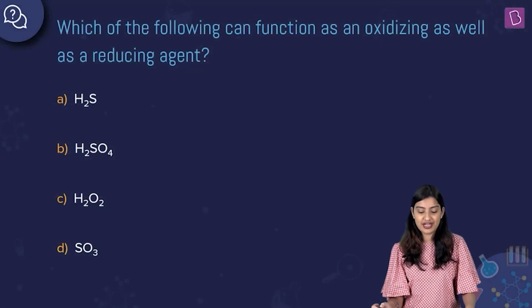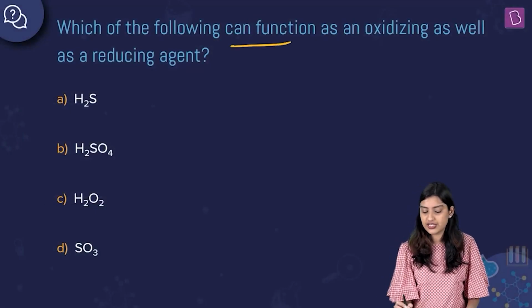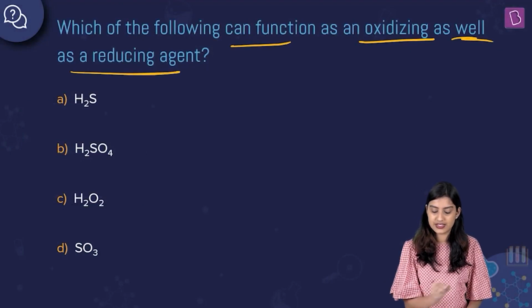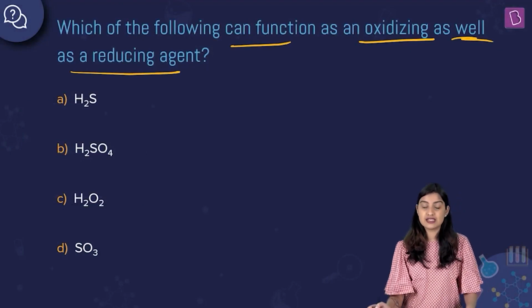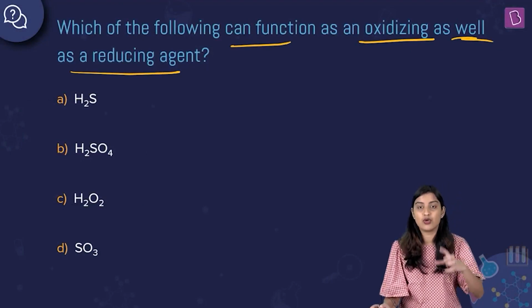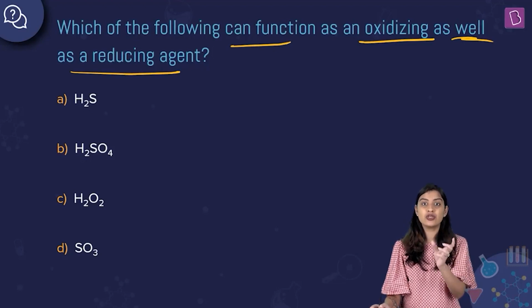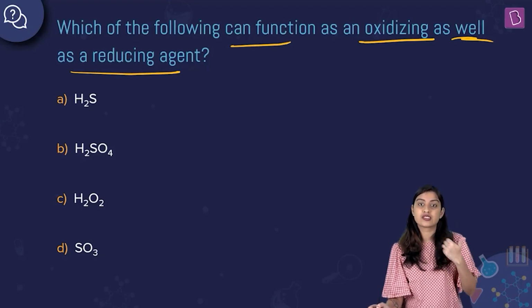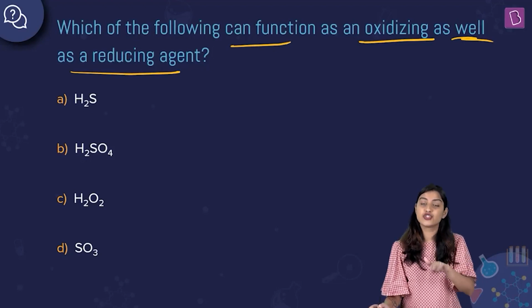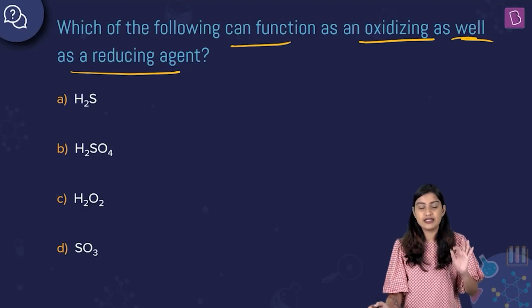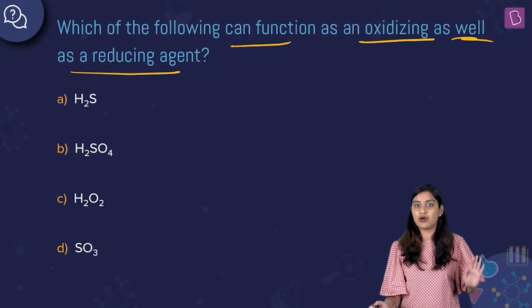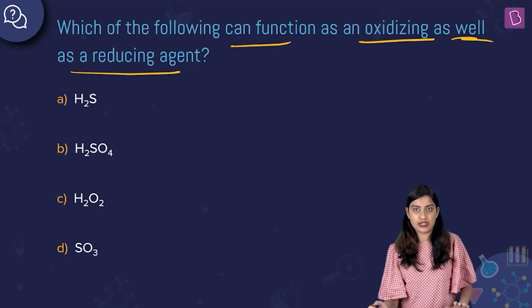Here they're asking you to find out which of the following can function as an oxidizing as well as a reducing agent. So whatever molecule you take has to be able to oxidize something, and it should also be able to reduce something else. That should be the property of that molecule. How do you go ahead with this question?